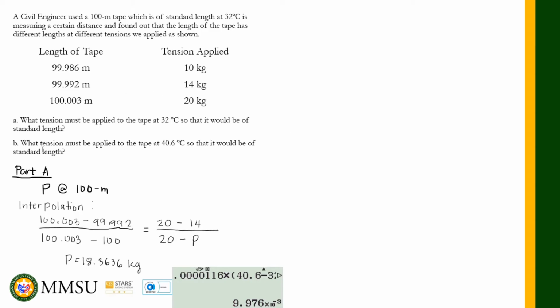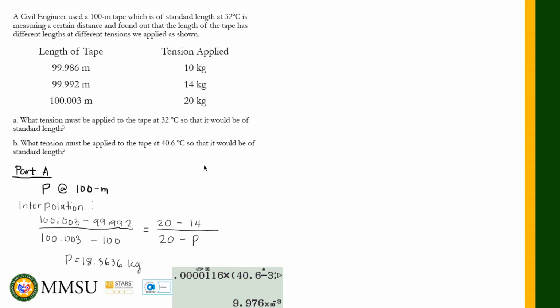Letter B is asking for the standard length at 40.6 degrees Celsius. So we cannot immediately use interpolation because these are measured at different temperatures. We need to convert all the tape lengths on the table to when the temperature is 40.6 degrees Celsius.